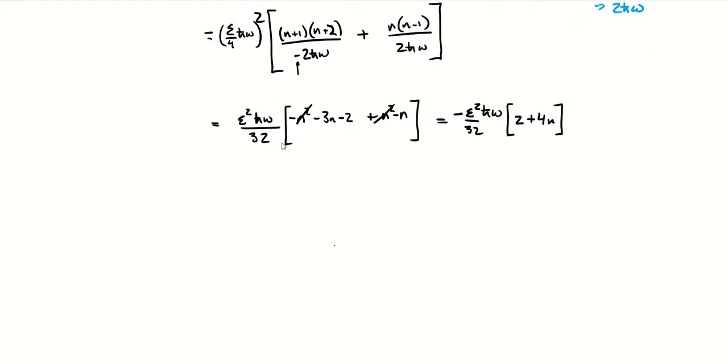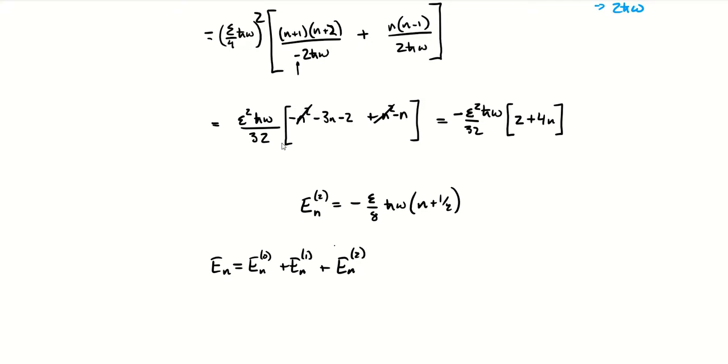We can factor out a 4 out of this, and we get our second order correction is going to be negative epsilon squared over 8, bring up the 4, h bar omega, and then we're left with n plus 1/2. So our total energy to second order is the 0th order plus that first order correction we calculated above, plus this second order correction.